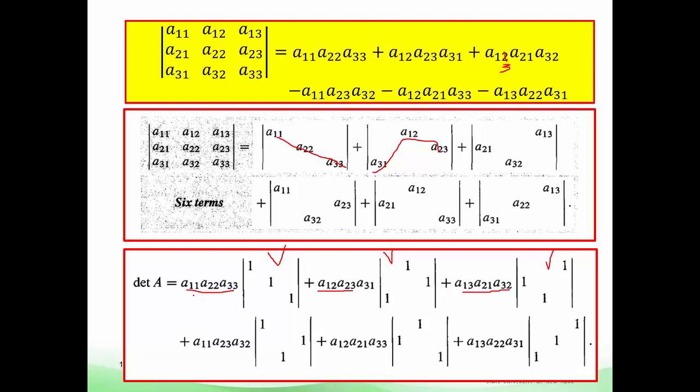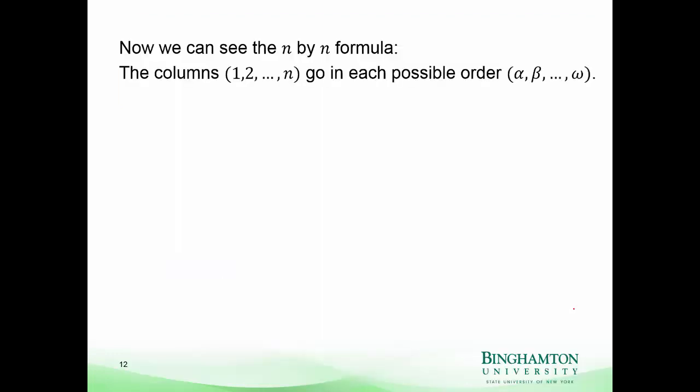And so now all these determinants are determinants of permutation matrices, and therefore the result of that is going to be either +1 or -1. And so from this, hopefully you can kind of see where this formula comes from. So we've got n columns, and we need to look at all possible permutations of the numbers 1 through n.